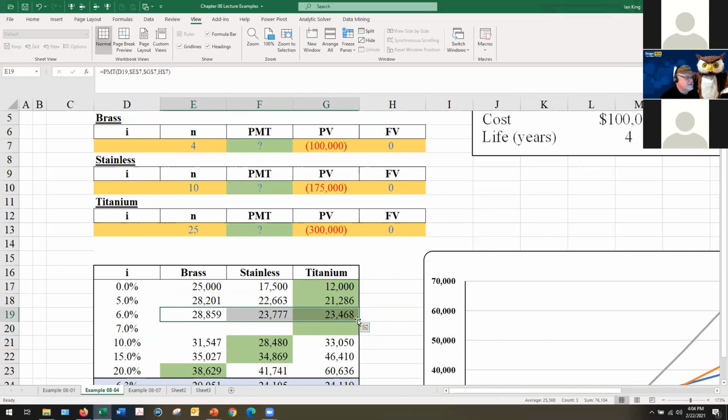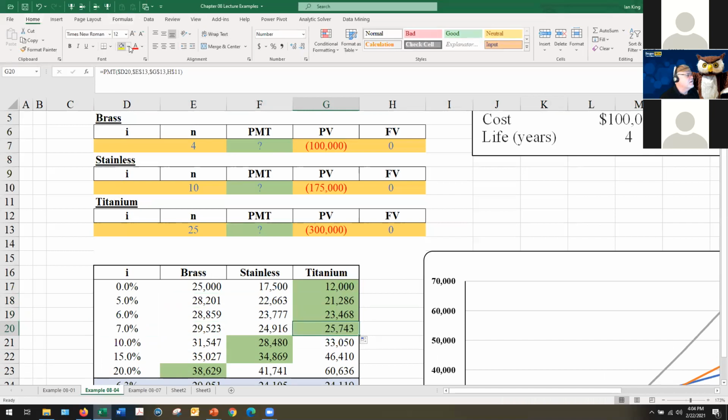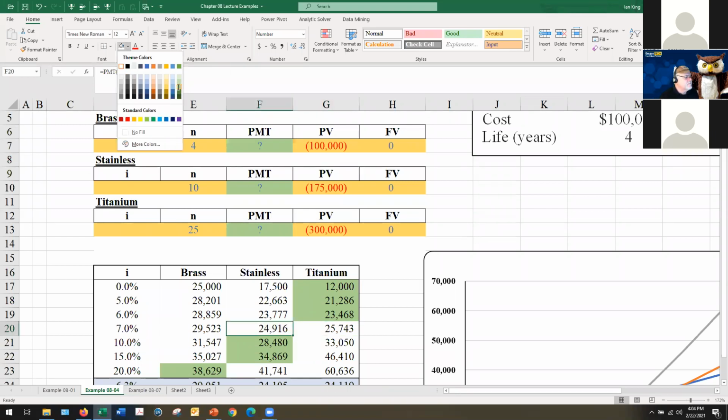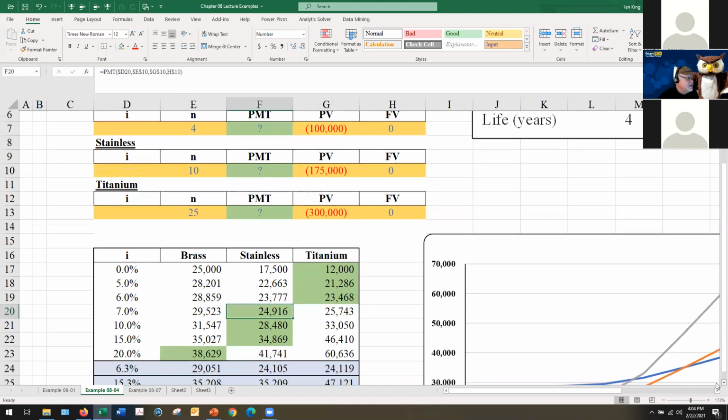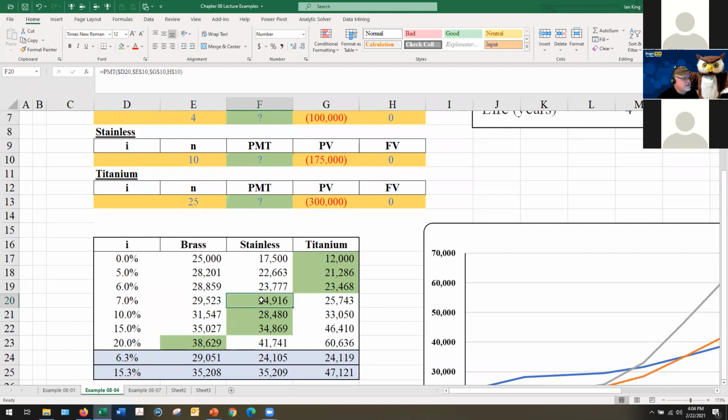The reason I can do this quickly is because I'm locked in at 7%. At 7%, the cheapest one is now stainless, at 24. These are the iterations, and Goal Seek will do this for you with a certain level of automation, but I don't teach it.